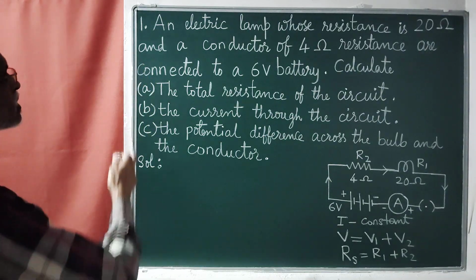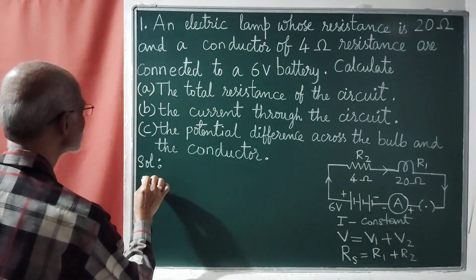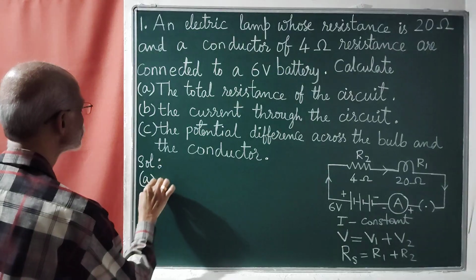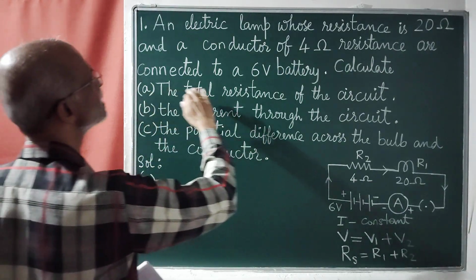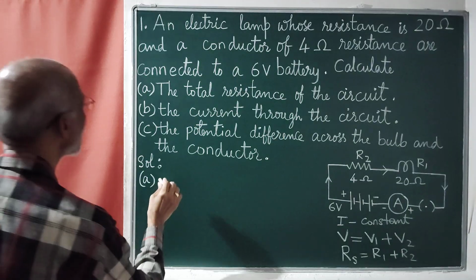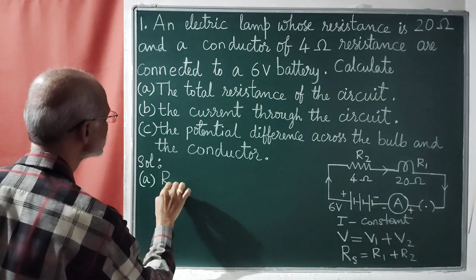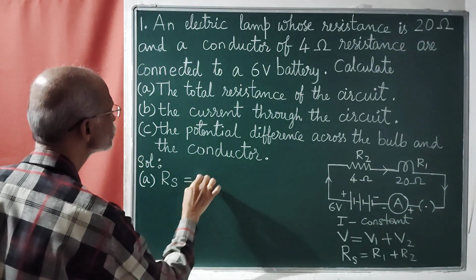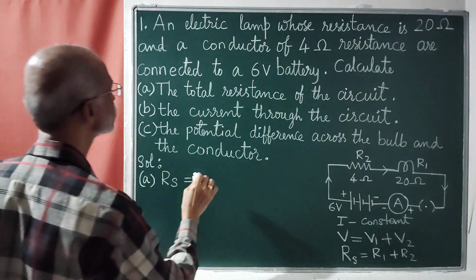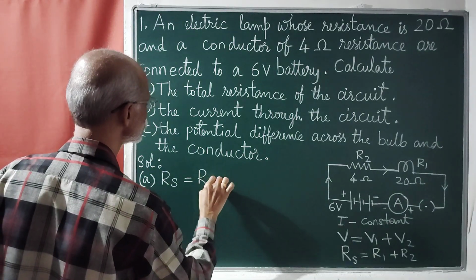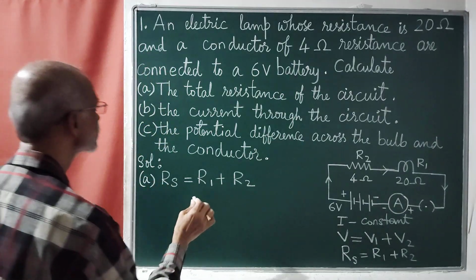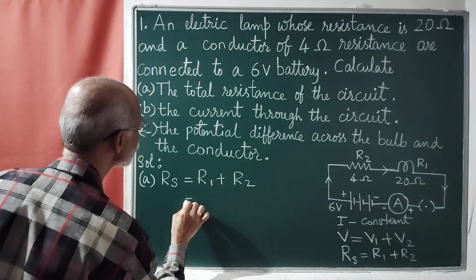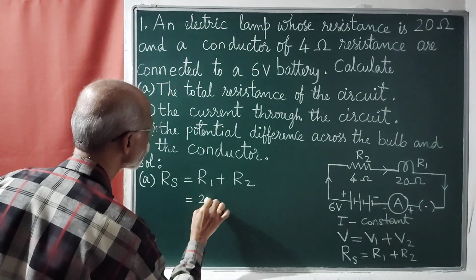So now we'll answer the first part. The total resistance of the circuit, Rs, will be equal to R1 plus R2. What is R1? 20 ohms.